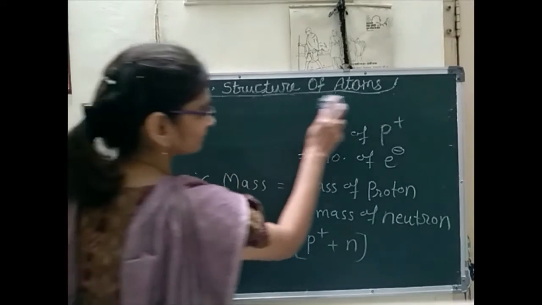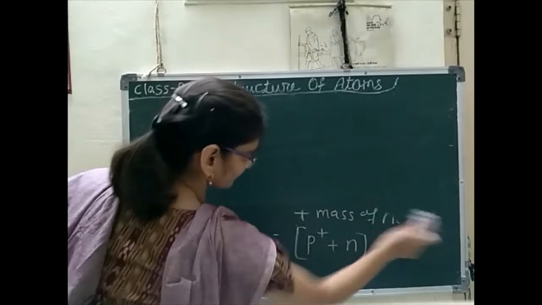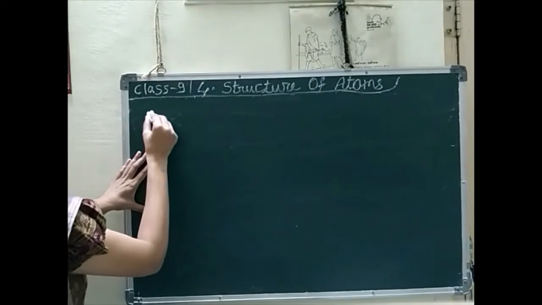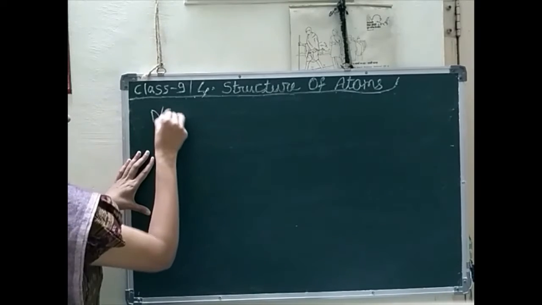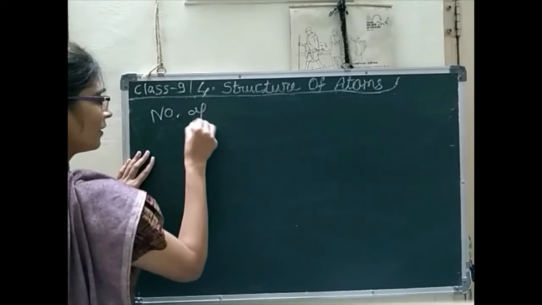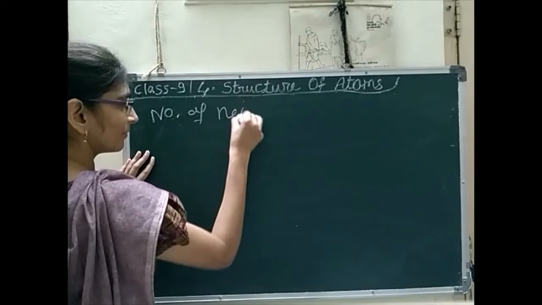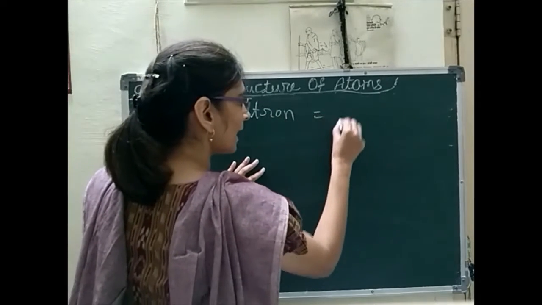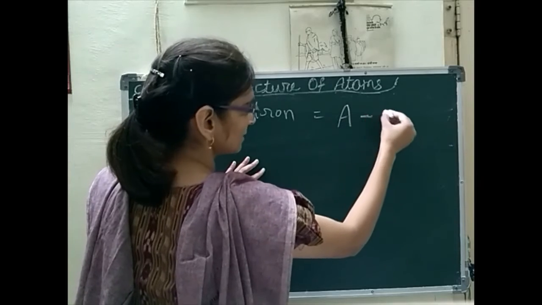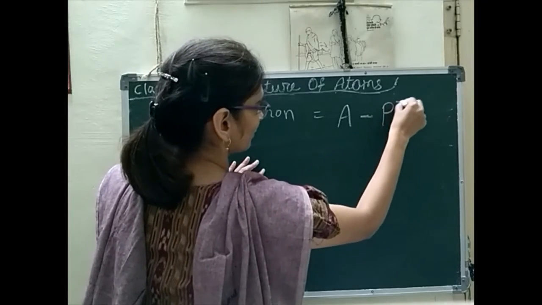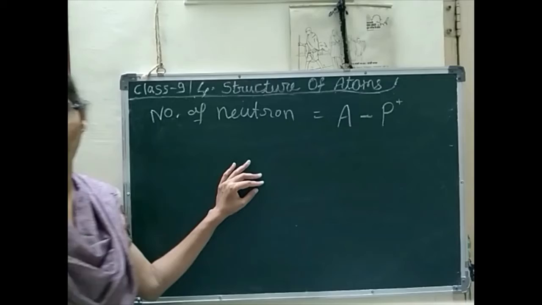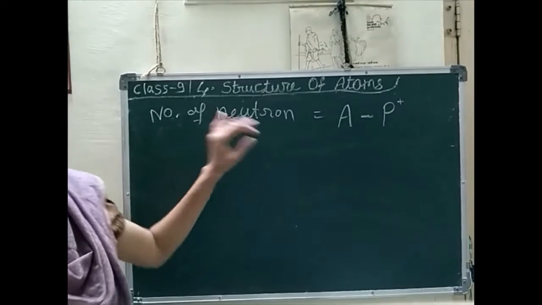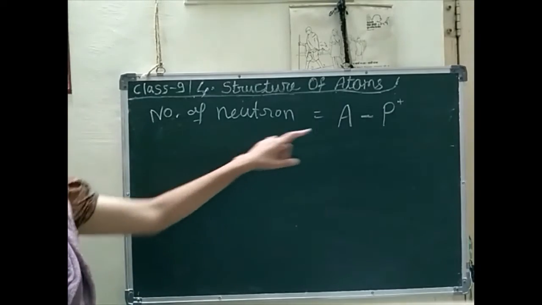Write down: number of neutrons is equal to A minus number of protons. And what is A?